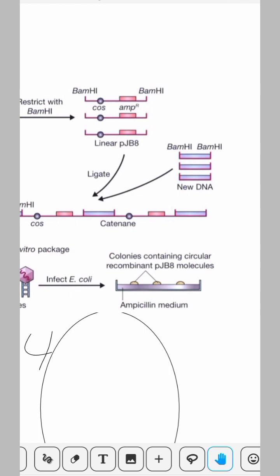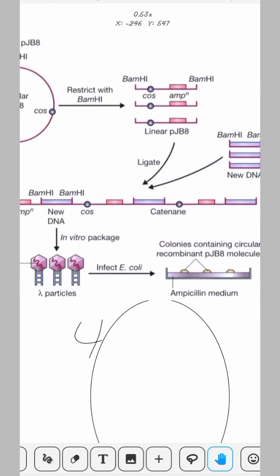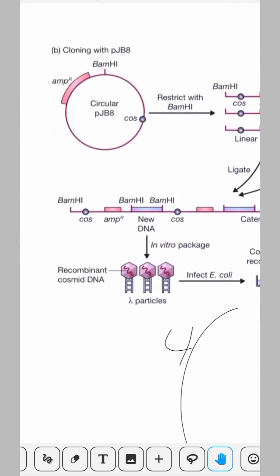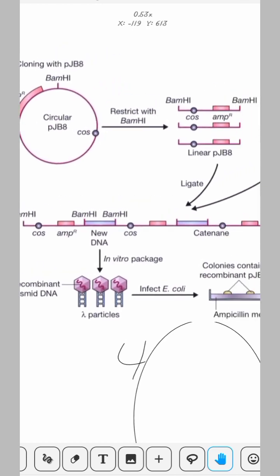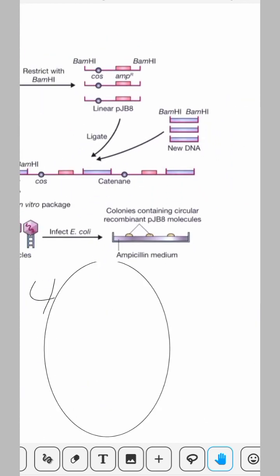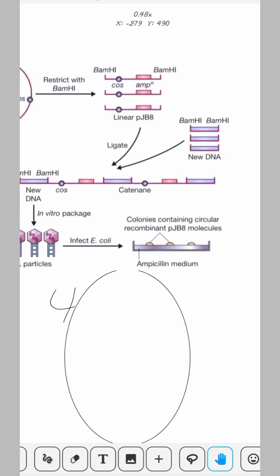And this new DNA is inserted between the cos sites and the resistance gene part. This is the resistance gene and this is the cos site. Here it is cut, BamHI is already present, and then the insert comes and settles between the cos site and the ampicillin resistance gene, and ligates. Ligation is carried out by ligase.